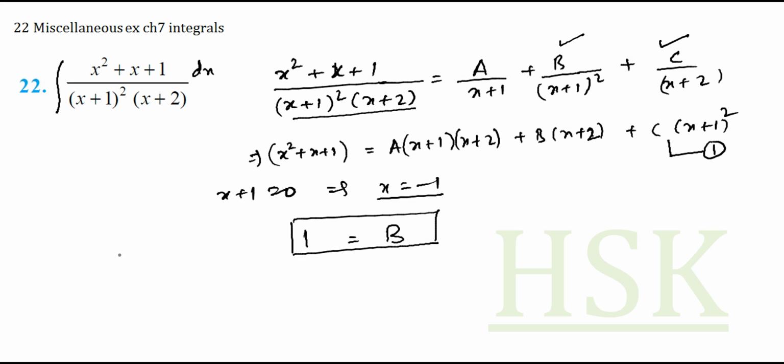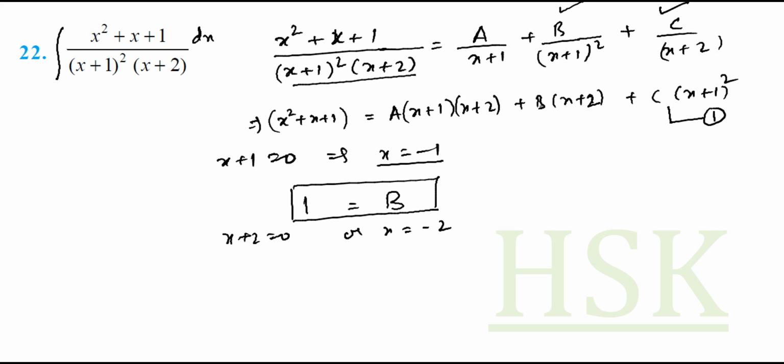Now to calculate the value of c, I'm going to place x plus 2 equal to 0, or x equal to minus 2. Placing x equal to minus 2 in this equation, the a term will become 0, because minus 2 plus 2 is 0. The b term is again going to become 0.